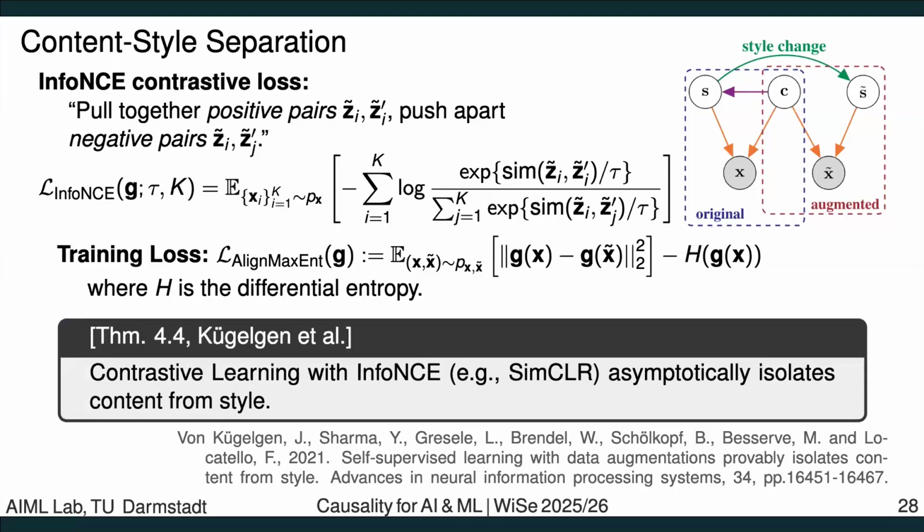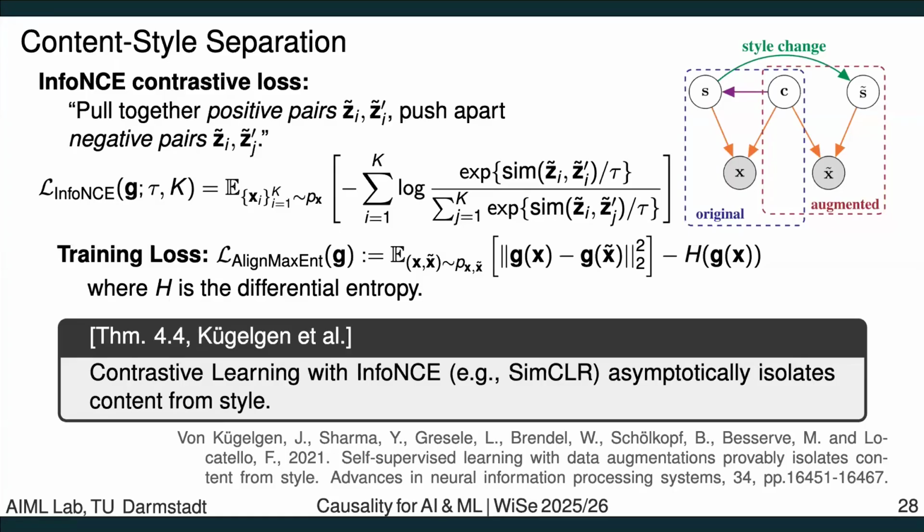Yeah, and an important result here is that under this very particular setting, where we have these paired data and where we train with the contrastive loss, asymptotically these networks isolate content from style.